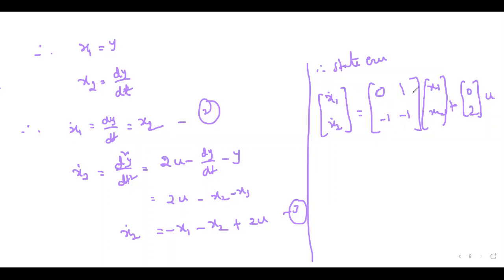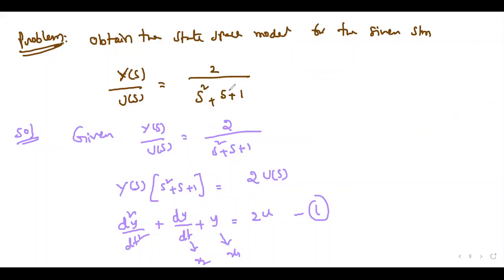Now when you compare this with the general format, it is b naught divided by s power 2 plus a1 s plus a2.